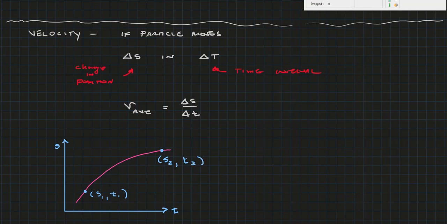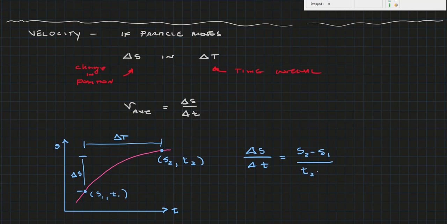Then we can calculate our delta s versus our delta t by looking at this change in position with respect to delta t as simply s2 minus s1 divided by t2 minus t1.